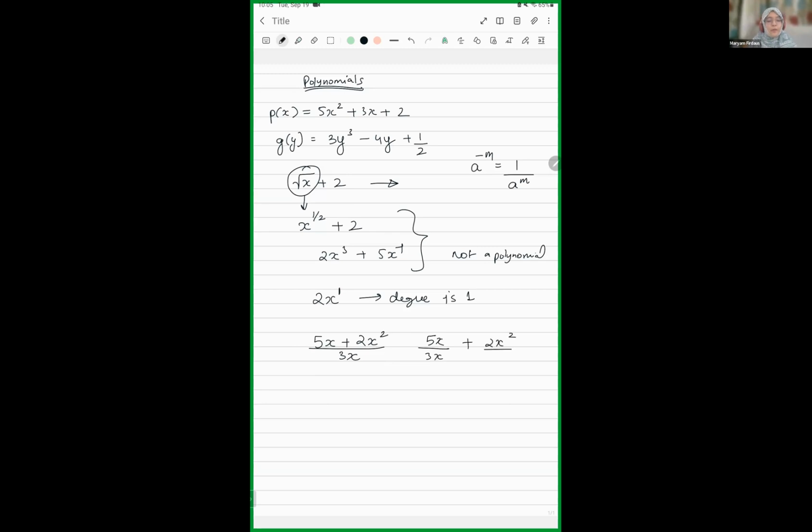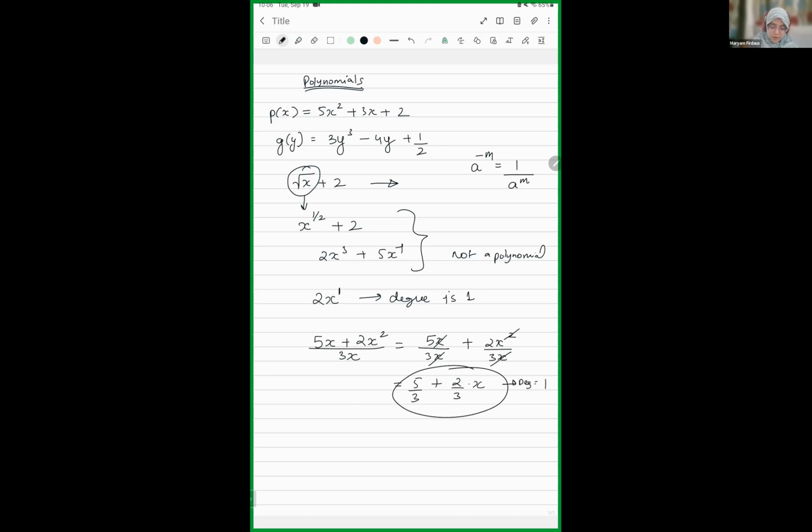So you have to be very careful when doing such questions. x and x get cancelled. So this is 5 by 3 plus 2x by 3. What is the degree of this polynomial? Degree is equal to 1.